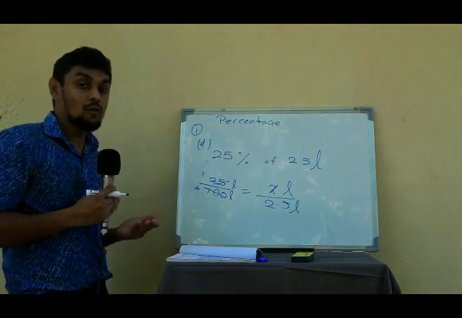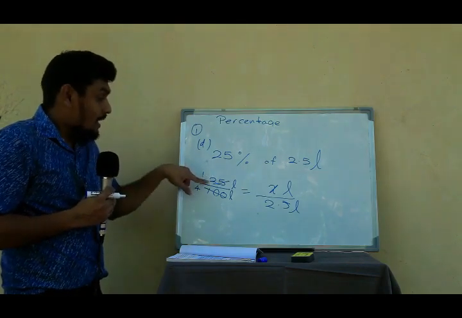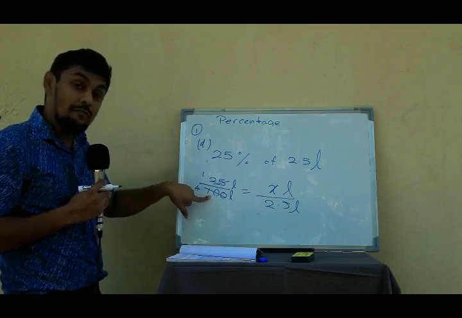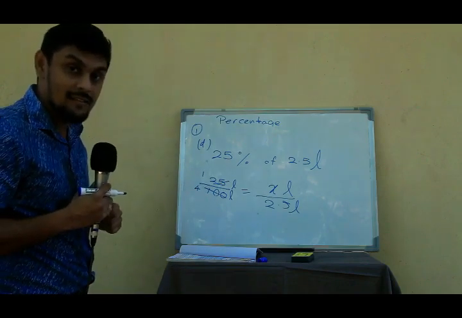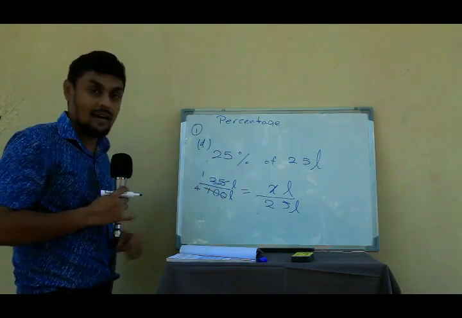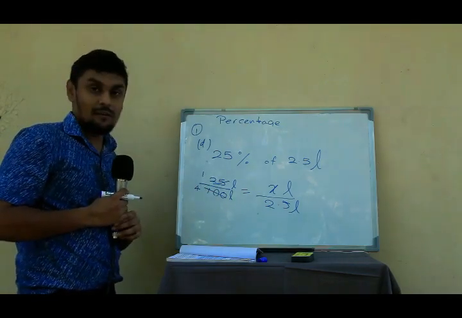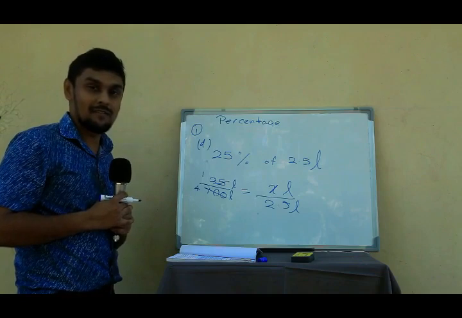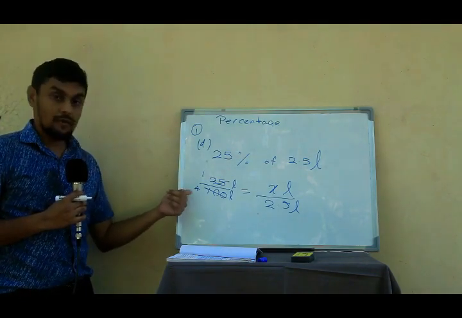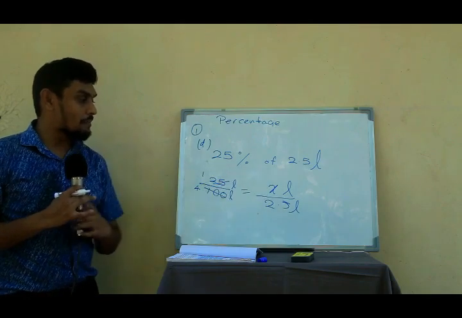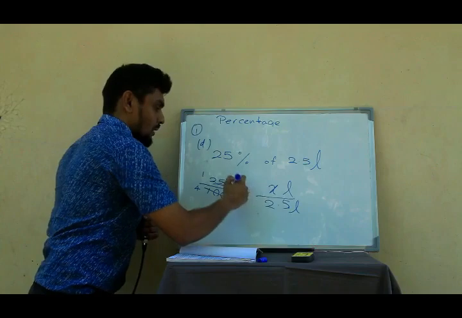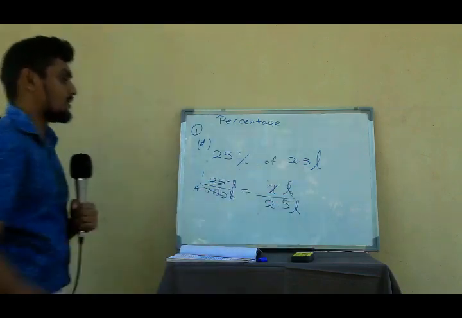Why? How to do it? How many 25s are there? Only one. So how many 25s are in this 100? Yes, 4. So you can cut it out and put here 4 and put here 1. That's the simplest way. Then 1 over 4 equals to x divided by 2.5 liters. So you can remove these liters here.